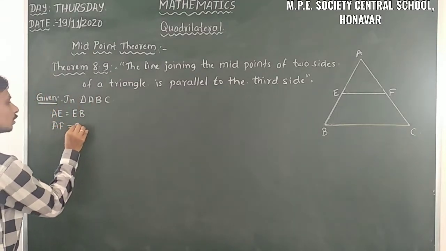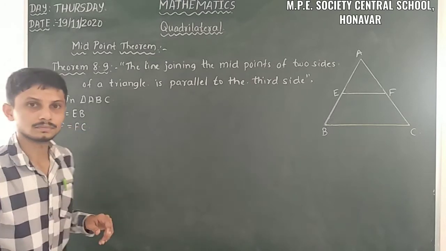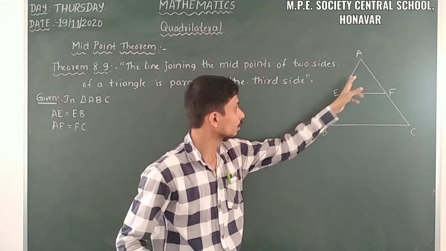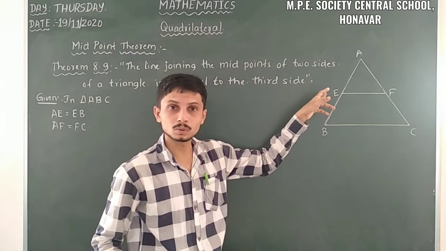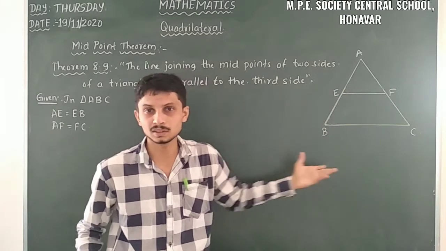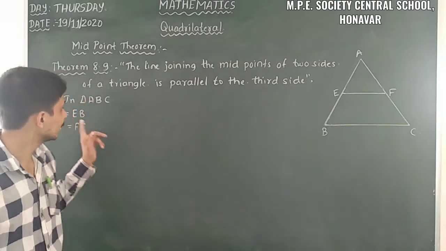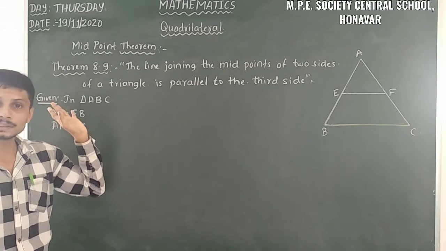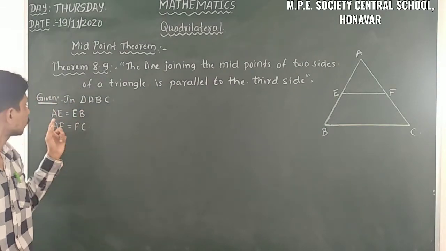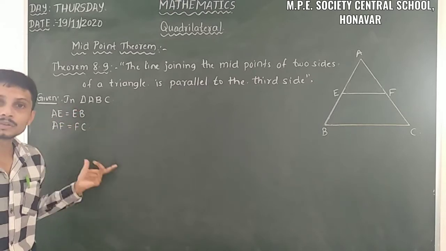Also we can take AE is equal to half of AB and AF is equal to half of AC. There is no need of that one because here only E is the midpoint of AB and F is the midpoint of AC. So from that we can take these two known terms.